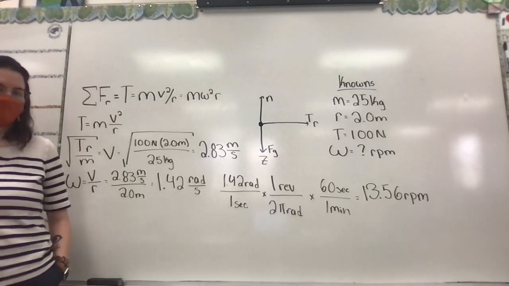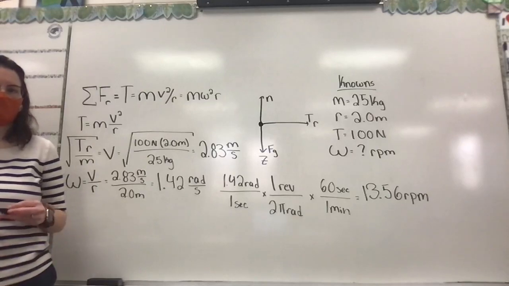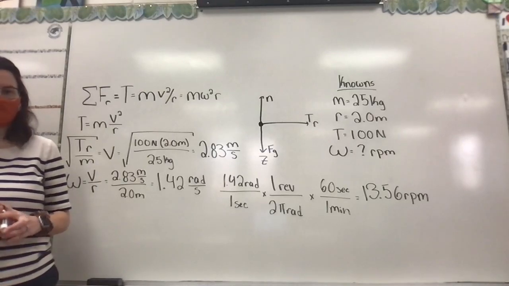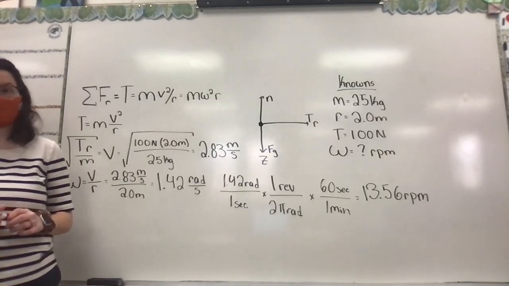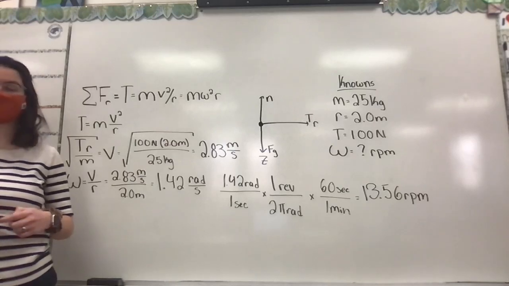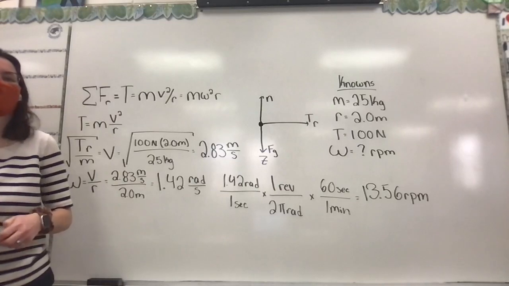Who got 13.56? Let me see. I put that in my calculator and got 2.087. That's wrong. It should be really close to 14. Good guess. What'd you get, Daniel? You have to write it as a fraction.